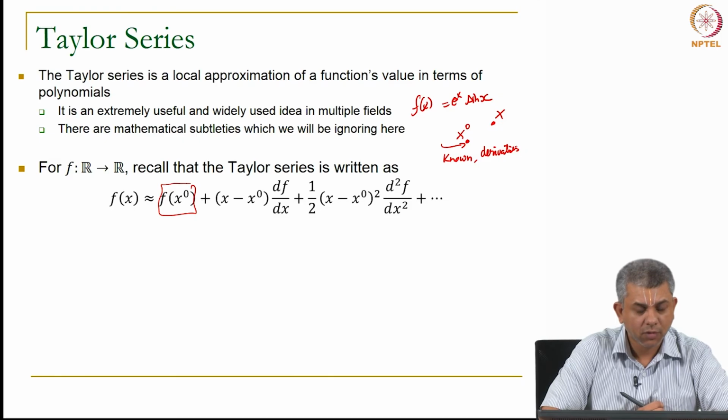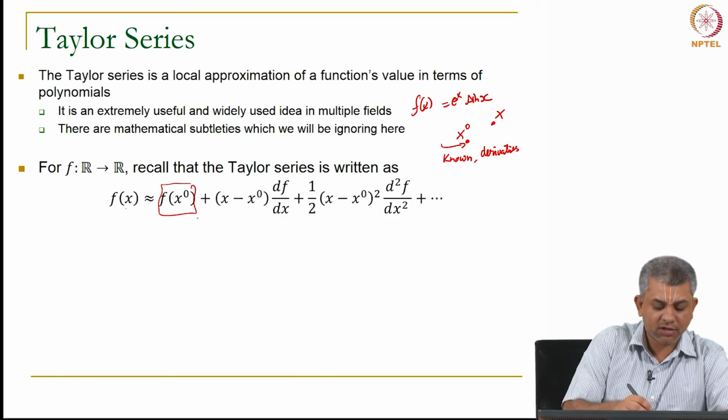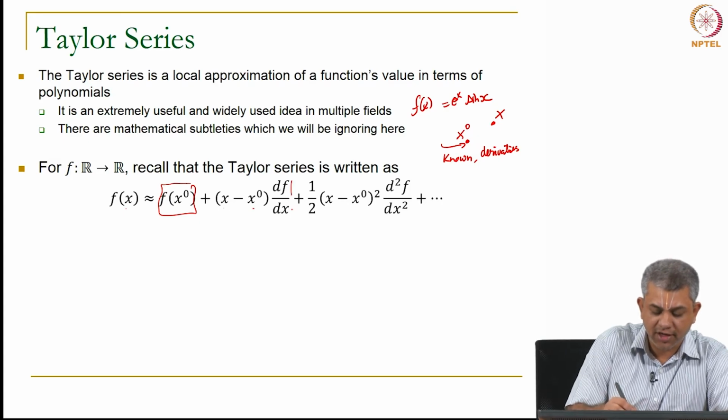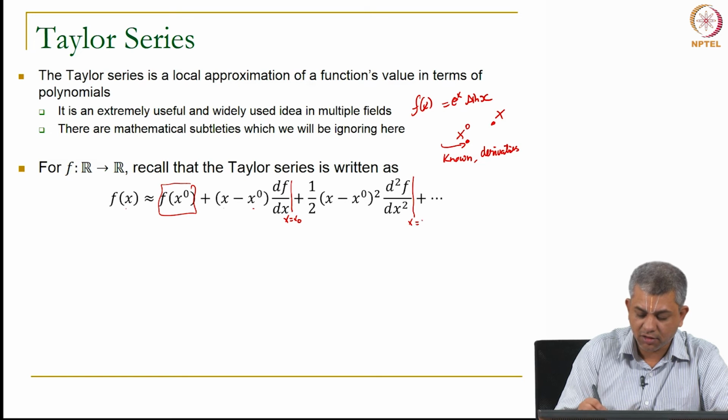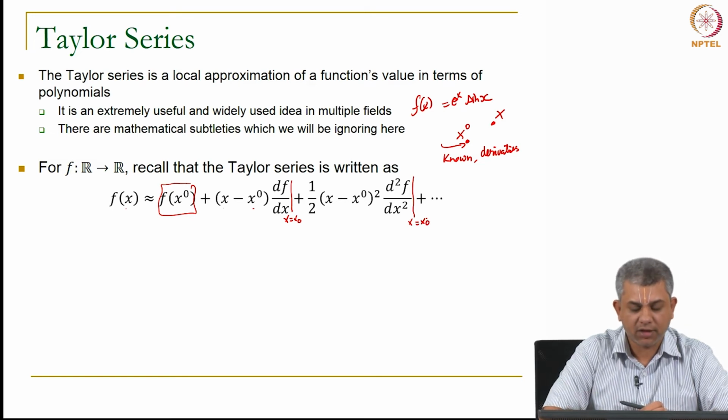If you have f of x, it is equal to f of x naught plus x minus x naught times df dx, where this df dx is calculated at x equal to x naught, plus half of x minus x naught square d square f dx square. This is also calculated at x naught.